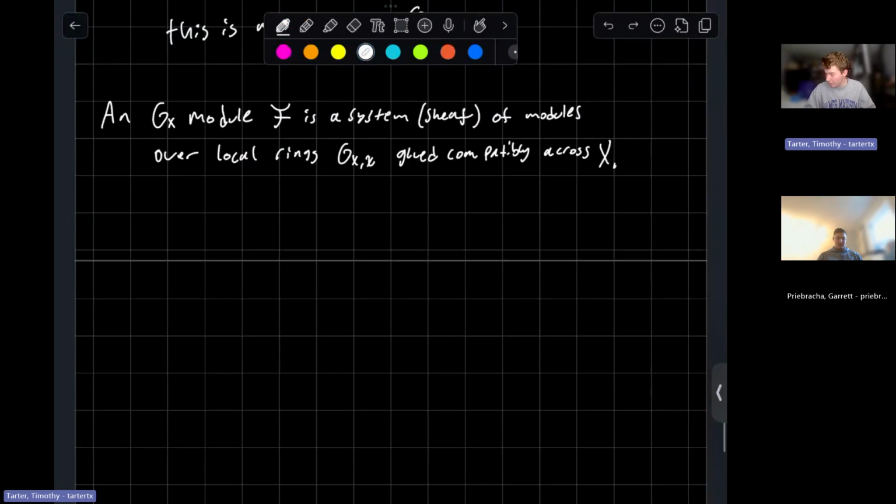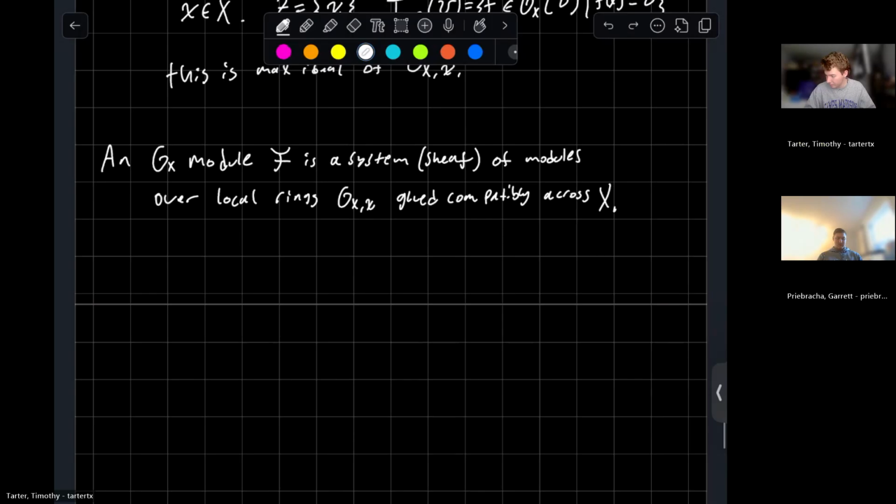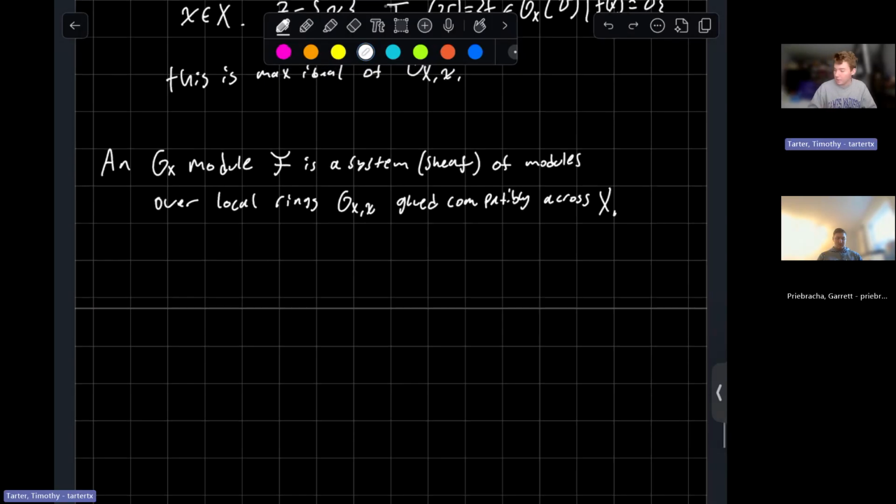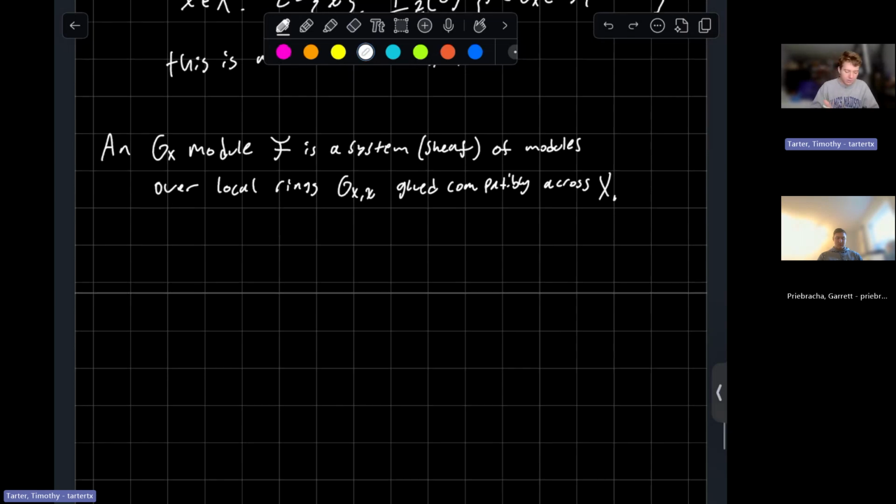Okay. So the next section is called pre-sheaves of abelian groups, and even pre-sheaf OX modules form an abelian category.